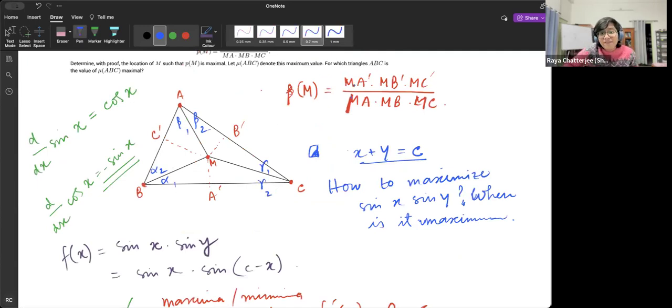The expression MA' times MB' times MC' is equal to sine alpha 1 times sine beta 1 times sine gamma 1, and also equal to sine alpha 2 times sine beta 2 times sine gamma 2. This was my motivation for maximizing sine alpha 1 times sine alpha 2.